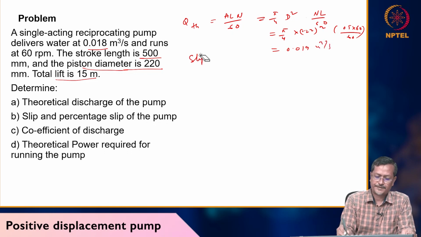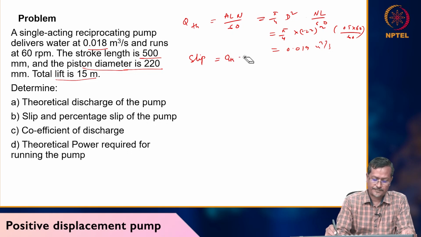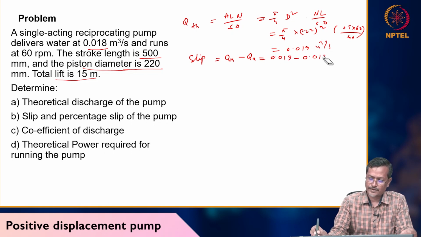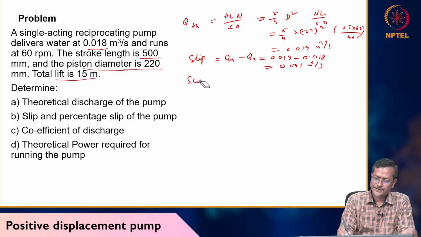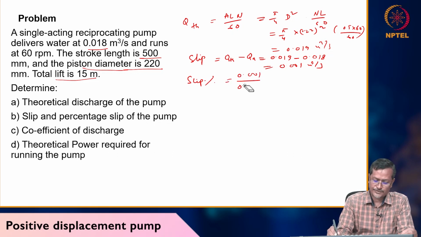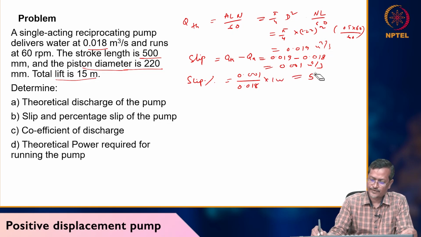So slip, Q theoretical minus Q actual equals 0.019 minus 0.018 equals 0.001 meter cube per second. So slip percentage, 0.001 by 0.018 into 100 equals 5.26 percentage.